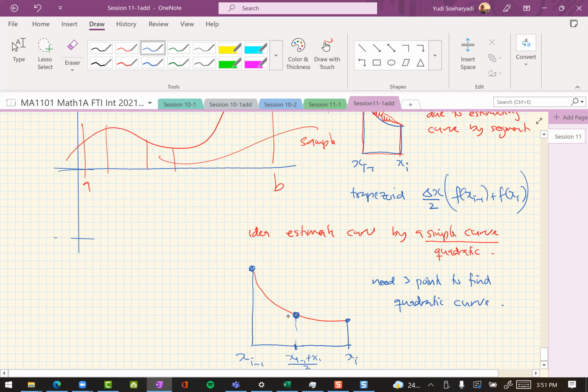So from this curve, you find the area with this quadratic curve. You can compute this directly, usually using an integral. So you assume this is ax squared plus bx plus c.